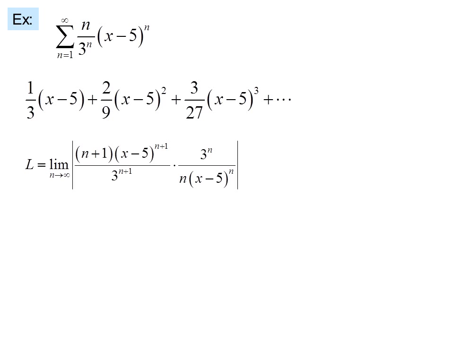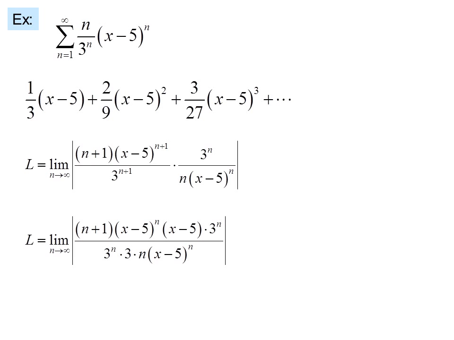Applying the ratio test, we have the limit as n approaches infinity of the absolute value of n plus 1 times x minus 5 to the n plus 1 over 3 to the n plus 1. Here we've replaced n in the general term with n plus 1. We multiply times the reciprocal of the general term, which is 3 to the n over n times x minus 5 to the n.